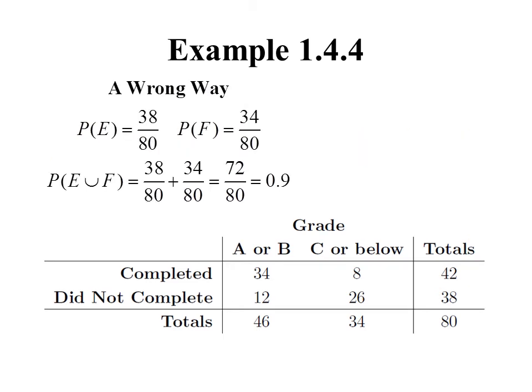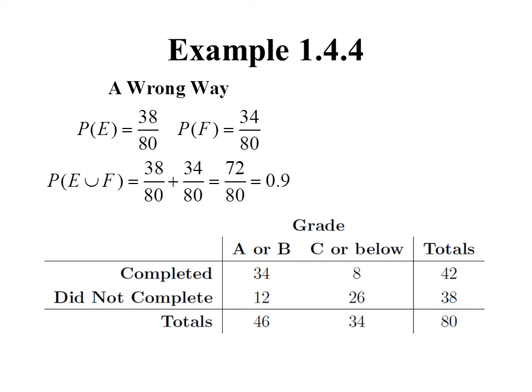Okay. Now let's look at a wrong way to do it. What we might be tempted to do is to use axiom 3 and say that, well, union means addition, so let's calculate the probability of E. Probability of E is the total number of students who did not complete the problems divided by 80, so 38 over 80. P of F is the number of students who got a C or below, 34 divided by 80.